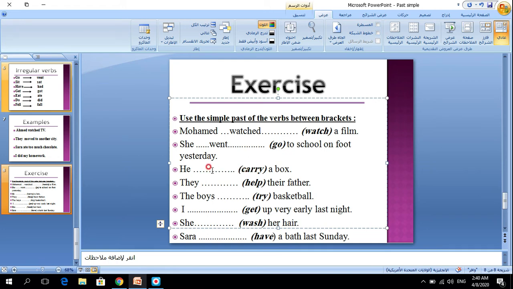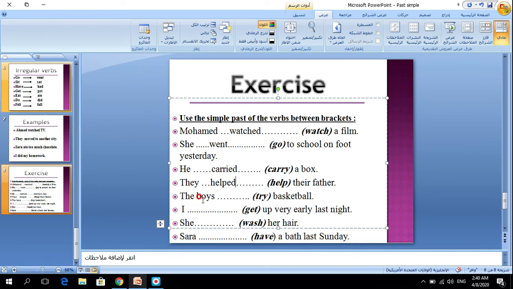Yes, exactly, it's ied. So the correct form is carried. He carried a box. The next one, they their father. The verb here is help, and help is a regular verb. So the correct form will be helped.